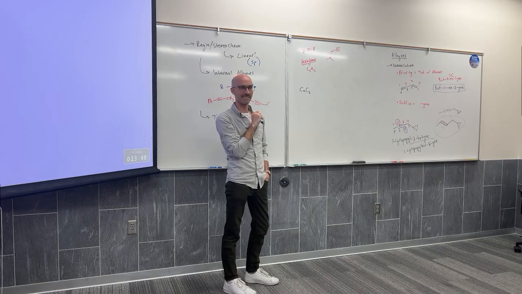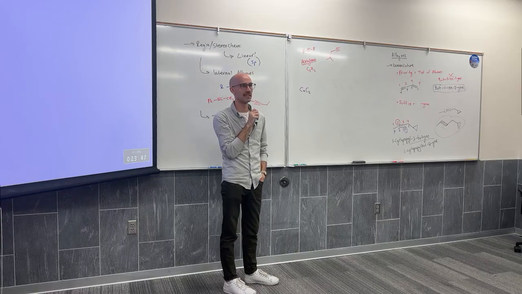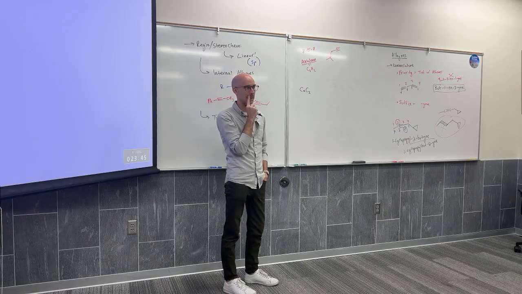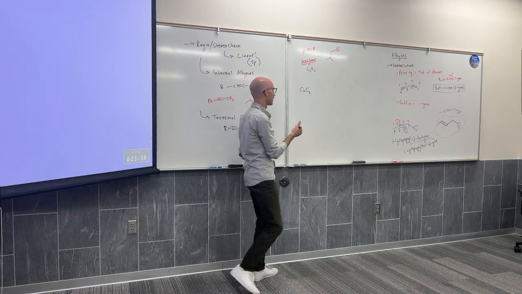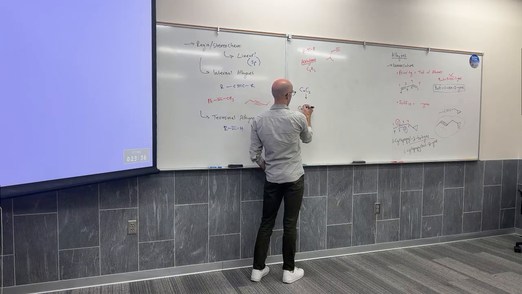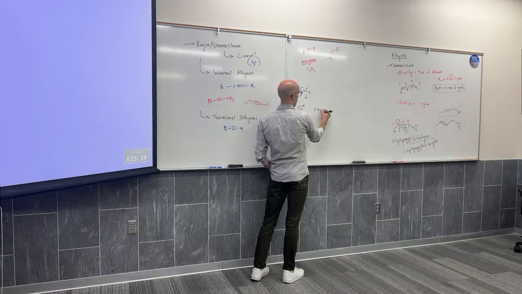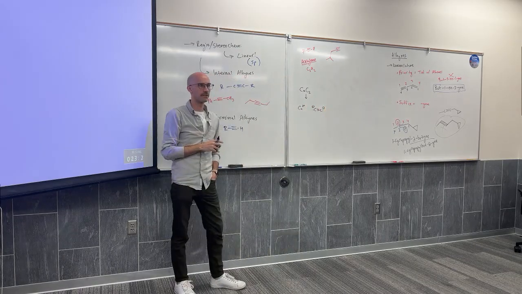Not 1. What's the charge on calcium? You guys are in OChem. You know your calciums, right? Calcium 2+, which means C2, 2-. So this is calcium 2+, carbide 2-.